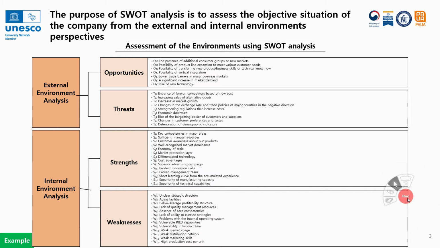So in weakness number one, the example was the unclear strategic direction. That's we are poor at developing the strategies, or the strategy we developed is not the best strategy to pursue. So there's something wrong in building the strategies.